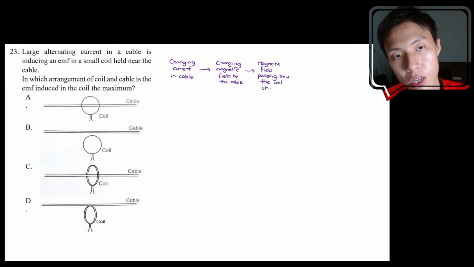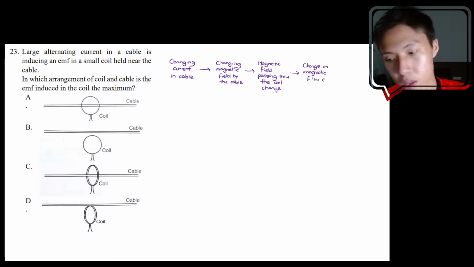So there will be a change in the magnetic flux of the coil. Therefore, it will cause an induced EMF in the coil.